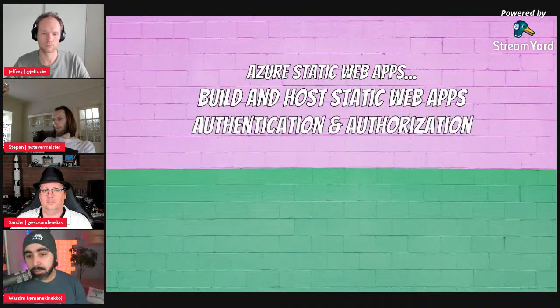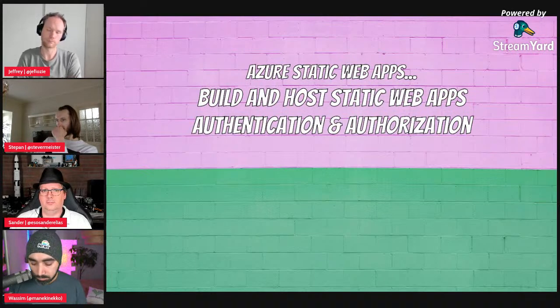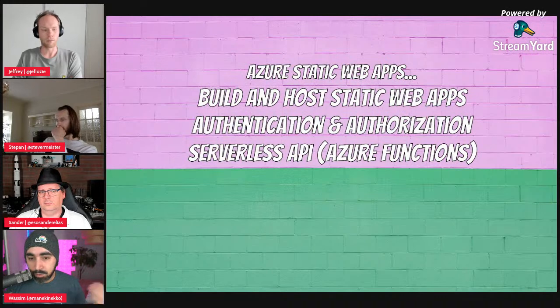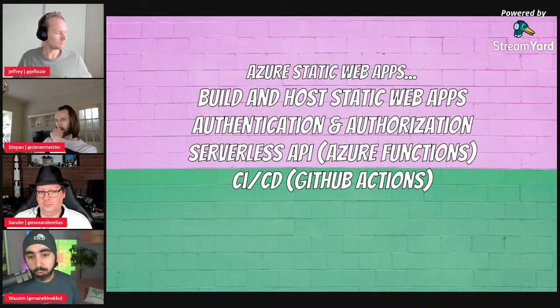It also gives you features like authorization and authentication, really embedded into the service. You could optionally, as I said, take advantage of the Azure serverless API using Azure Functions. And what's cool is that it is directly integrated with GitHub Actions and automatically configures the CI/CD for you. So again, as a developer you should only focus on your application and not the configuration.